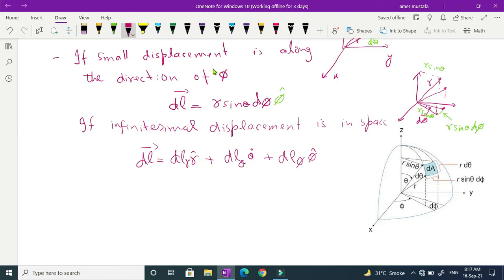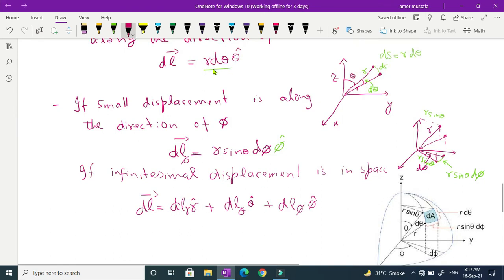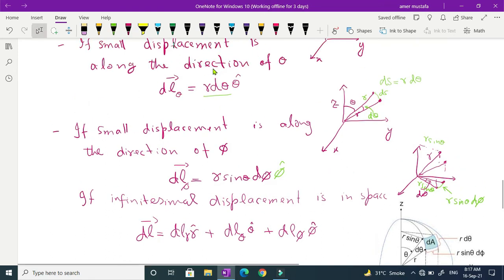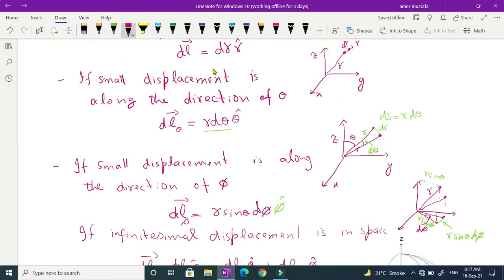Infinitesimal displacement due to change of phi is represented by dl phi, due to theta is represented by dl theta, and due to r is represented by dl r.